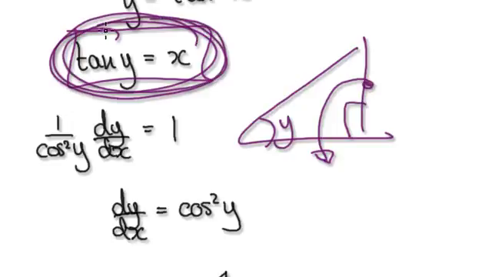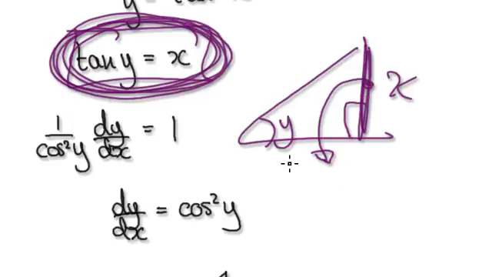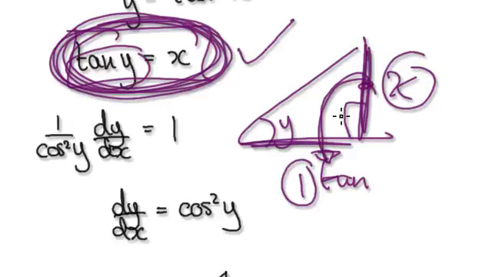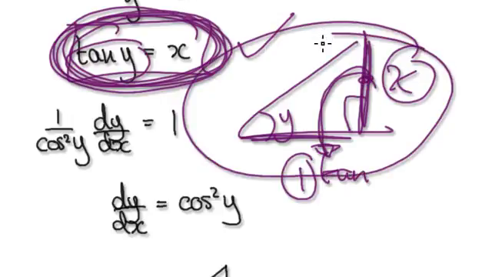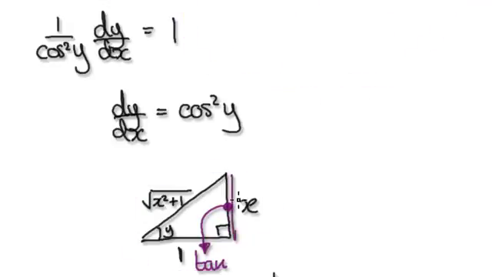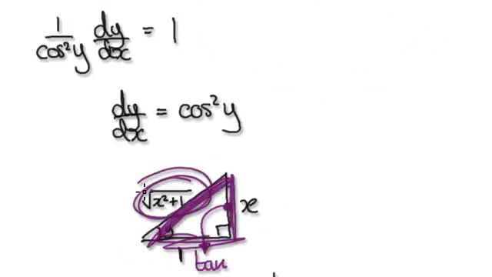Create a scenario in such a way that this statement is true. Let's say this length here is x, and this length here is 1. So tan of y, which is this bit here, equals x over 1, which is true. Looking at this diagram, it will give you this. If this here is x and this here is 1, then the hypotenuse here must be this thing here.